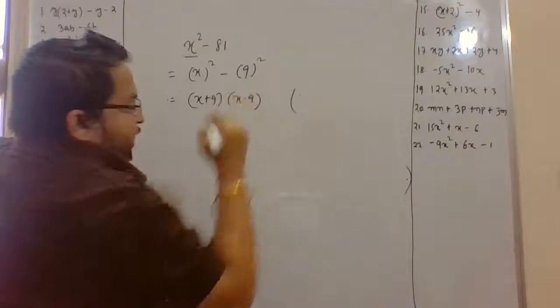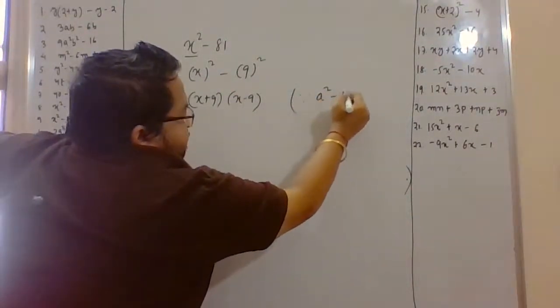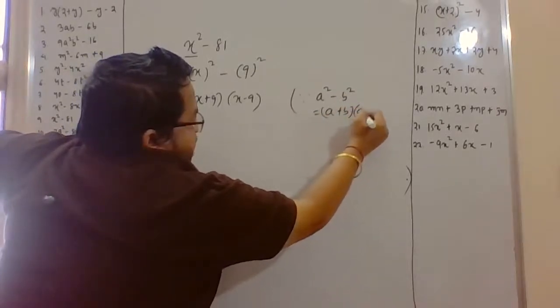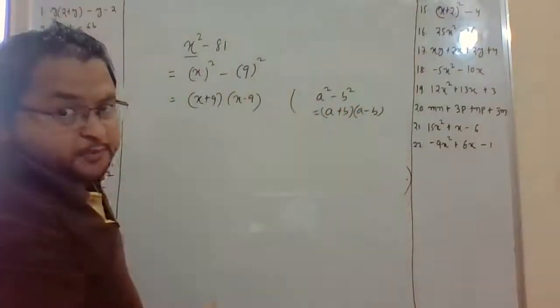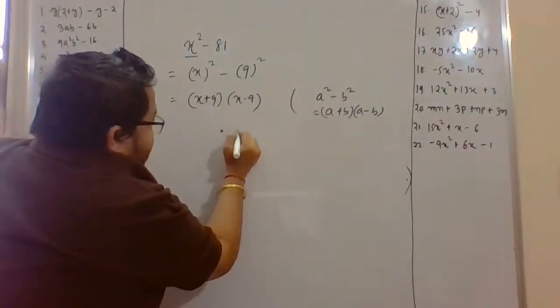Again, don't forget to write, because a squared minus b squared equals to a plus b into a minus b. So I believe sometimes in the videos this symbol is not very clear.